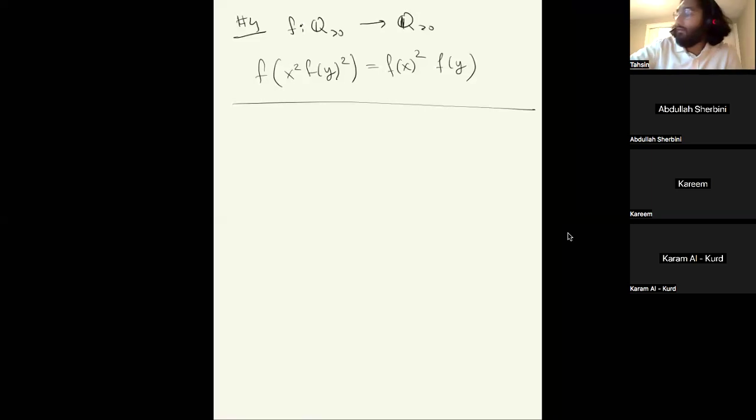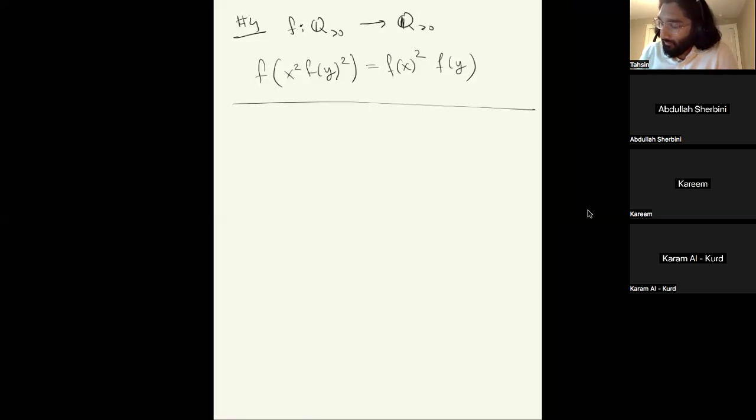There's a solution that almost works. Do you guys know what I'm talking about? Oh, the square root of x.